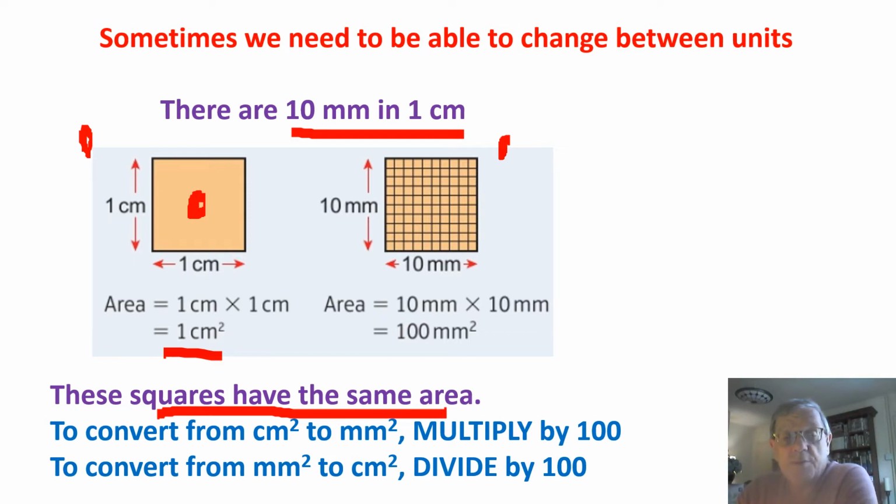The area of this one here is 10 by 10, which is 100 square millimeters. So 1 square centimeter is the same as 100 square millimeters. So simply, to convert from square centimeters to square millimeters, we multiply by 100. And if we're going from the little unit, square millimeters, up to the bigger unit, square centimeters, we divide by 100.